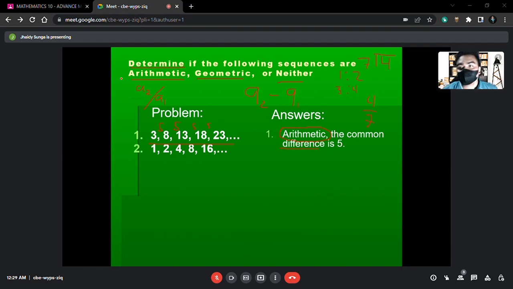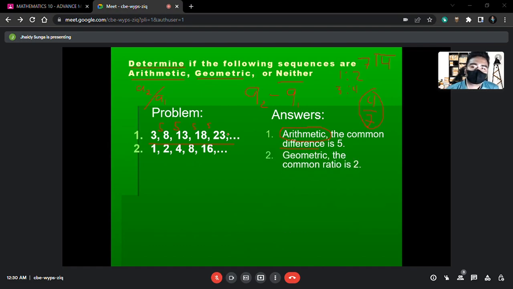So we could say that if in given number 1 we have a common difference, then in number 2 we have a common ratio. That is why we have this kind of fraction form. So we could say the common ratio would be 2.